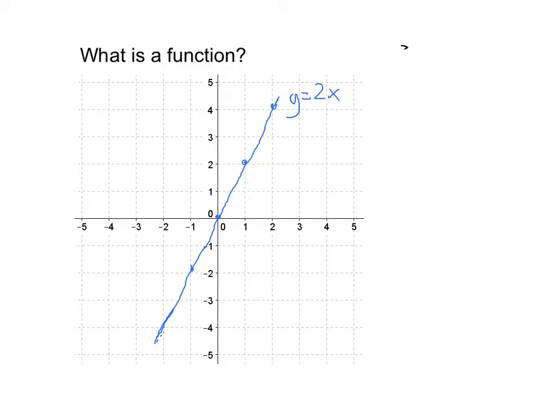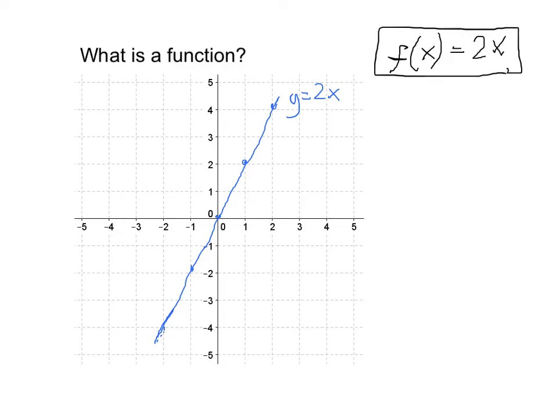Instead of y, I'm going to put f of x. And this is the point where, instead of making a little drawing like I'm making here, I'm actually defining a function. It's not a very complicated one, but there you go, that's a function. So this is a little machine, a little formula to calculate the ordered pairs.